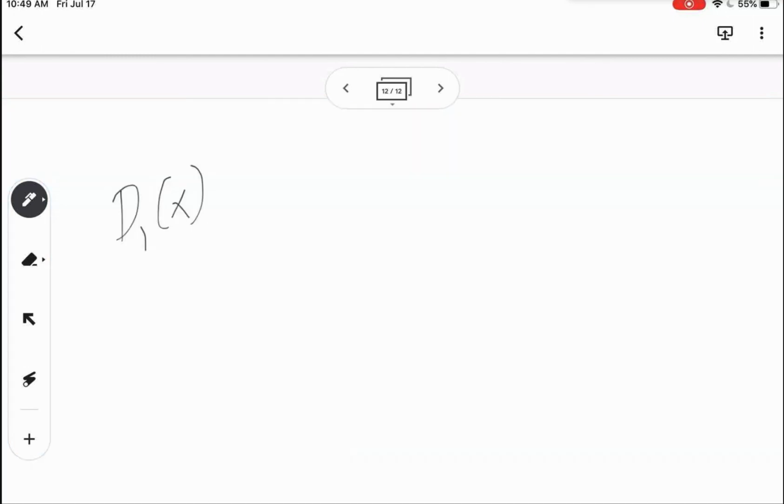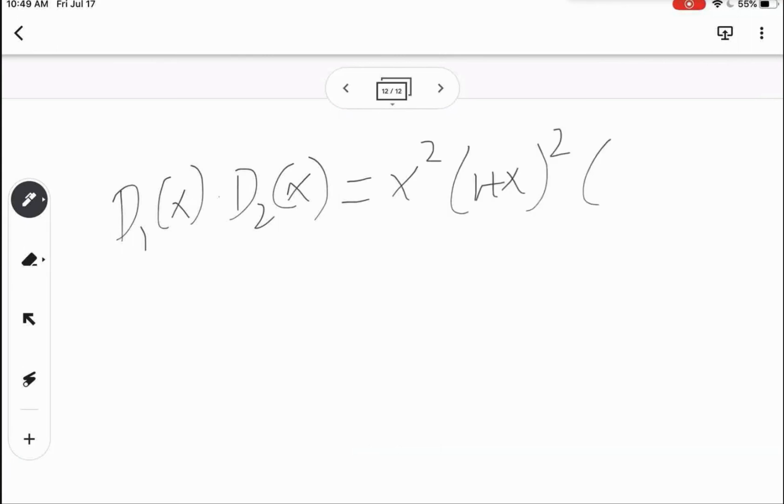times d2 of x equals x squared times 1 plus x squared times x to the 4th plus x squared plus 1, squared. Now we want the degrees of d1 and d2 to be 6, right? We want d1 and d2 to have the same degrees.